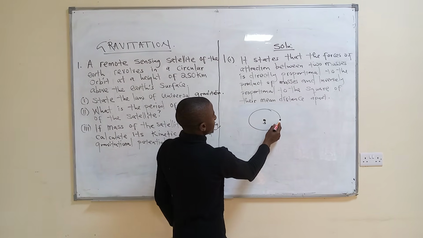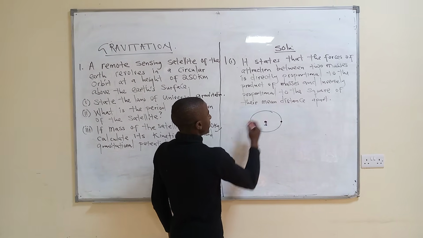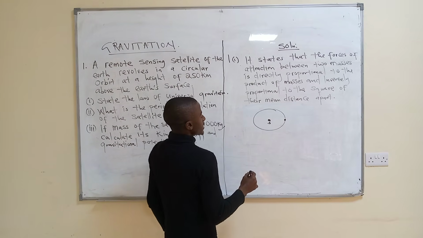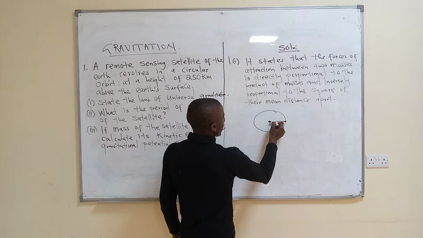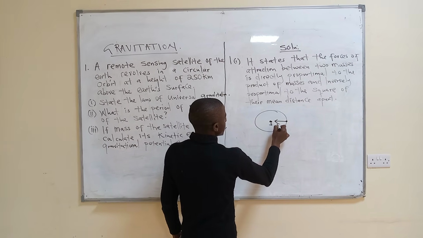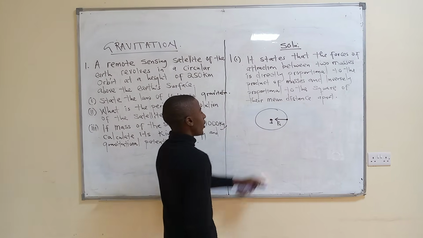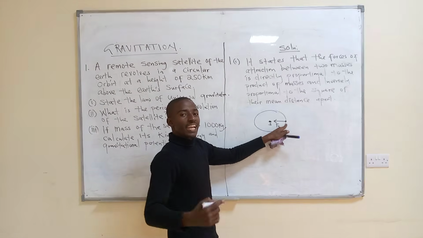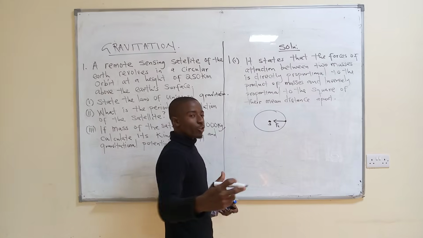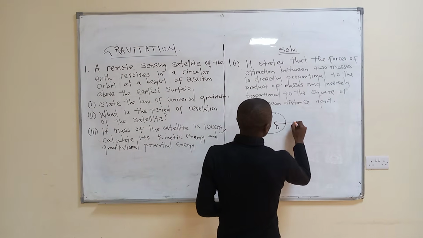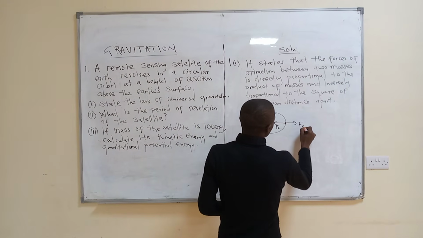If this planet is revolving around the Sun, there is a force pulling this planet toward the center, which is called centripetal force. This planet is moving under the influence of the force called gravitational force.